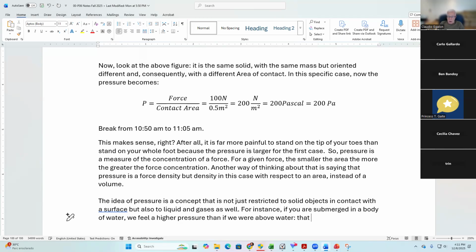Okay, that's because the water above you has some weight that acts upon you.